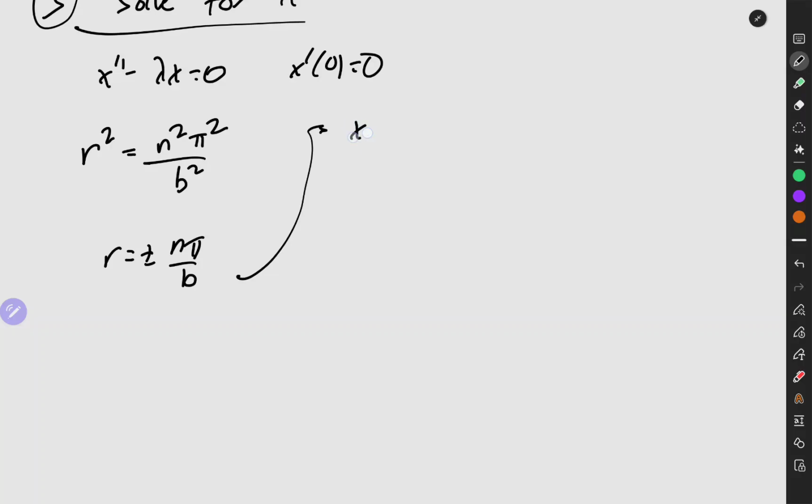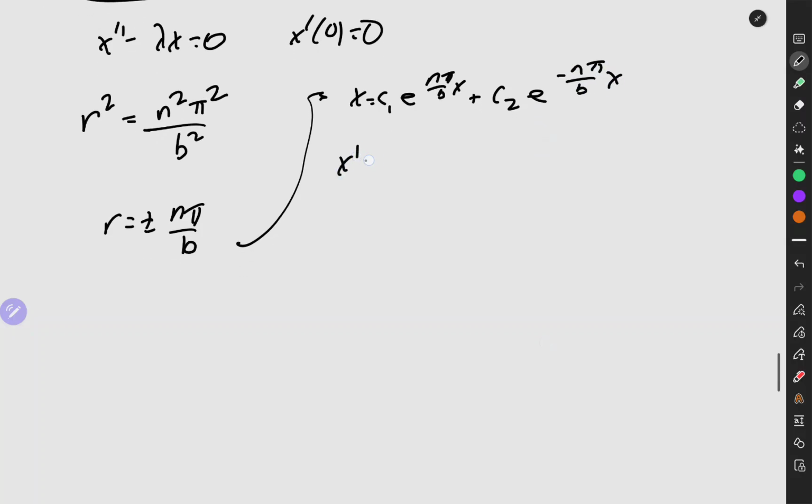X is equal to C1 e to the n pi over b times x plus C2 e to the negative n pi over b times x. Then x prime, we just multiply by this, plus minus.